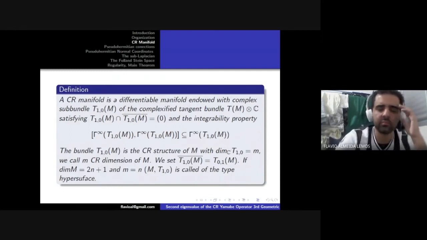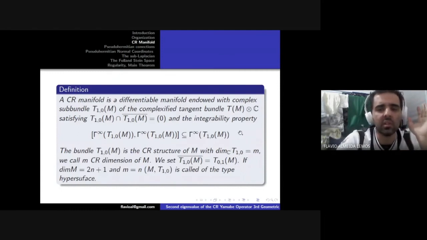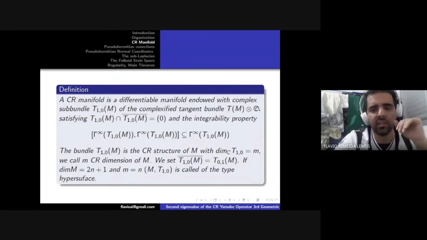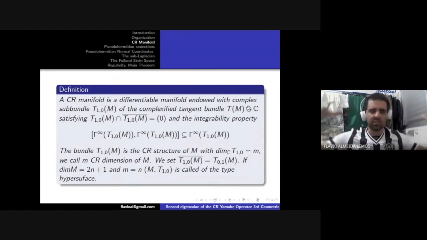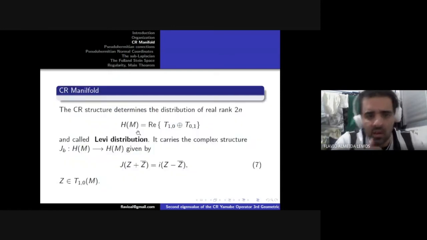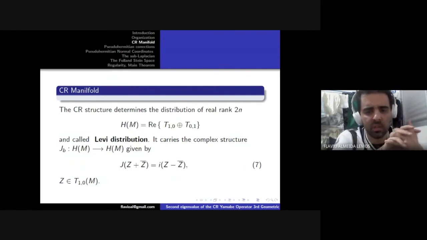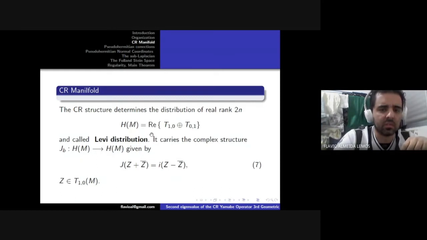To define what a CR manifold is, we need a subbundle of the complexified tangent bundle satisfying these properties. The CR structure determines a distribution of real rank 2n.